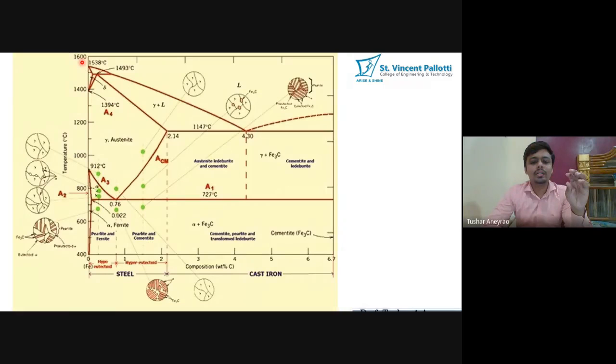For example, consider austenitic stainless steel, or austenitic steel. In this region, below 2.14% carbon, if you consider this type of steel, you can change it from malleable to ductile to hard.